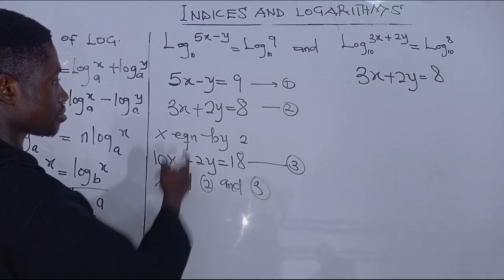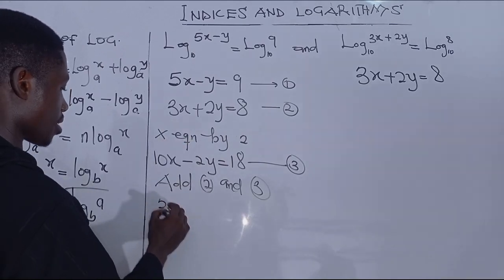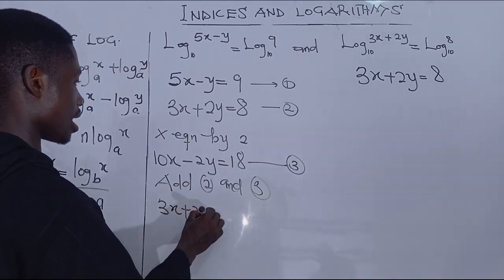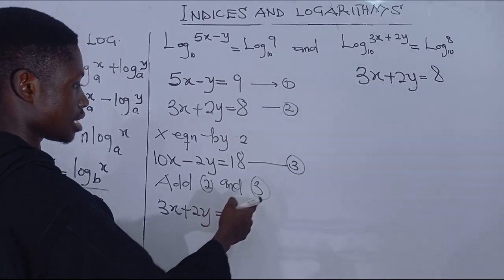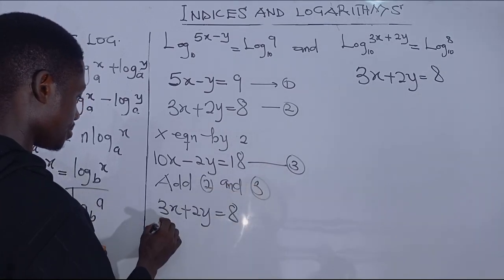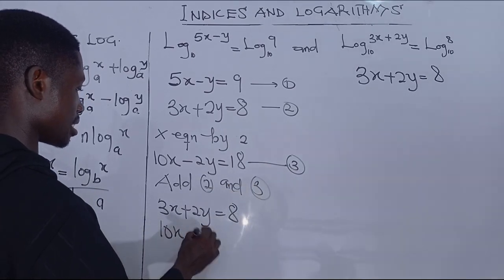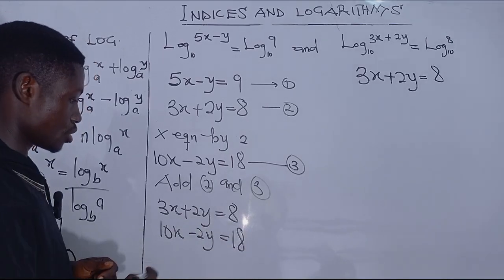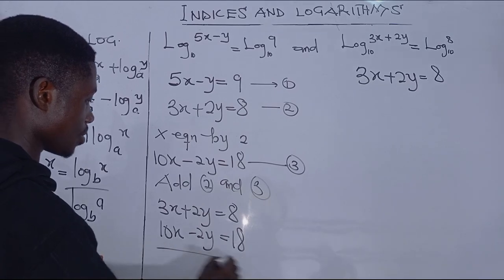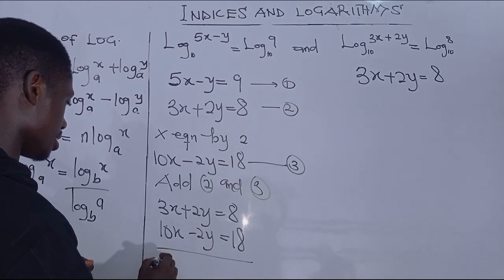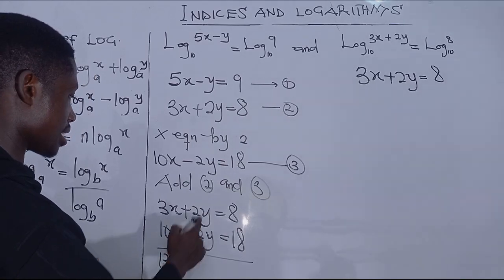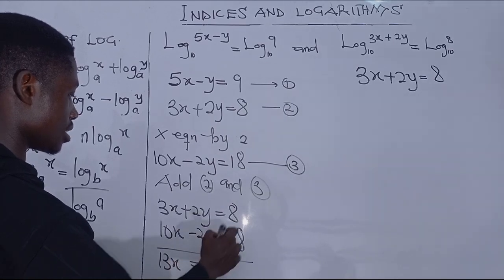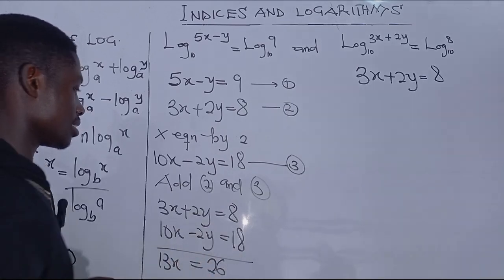So we have 3x plus 2y, and equation 3 we have 10x minus 2y is equal to 18. When we add them together, we are going to have 13x, the y terms give us 0, is equal to 26.